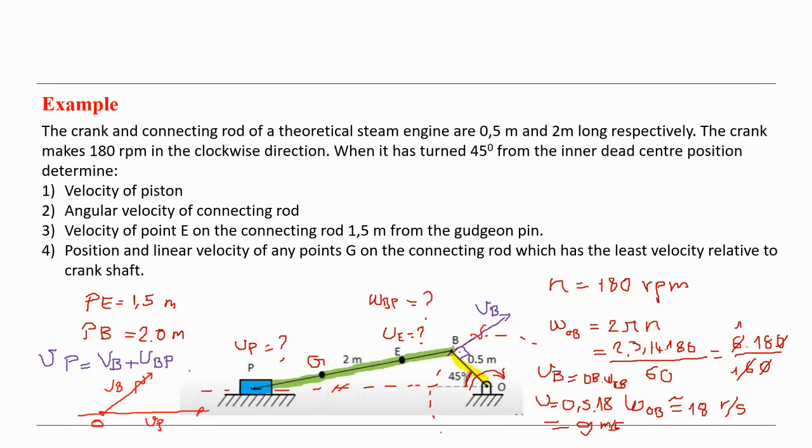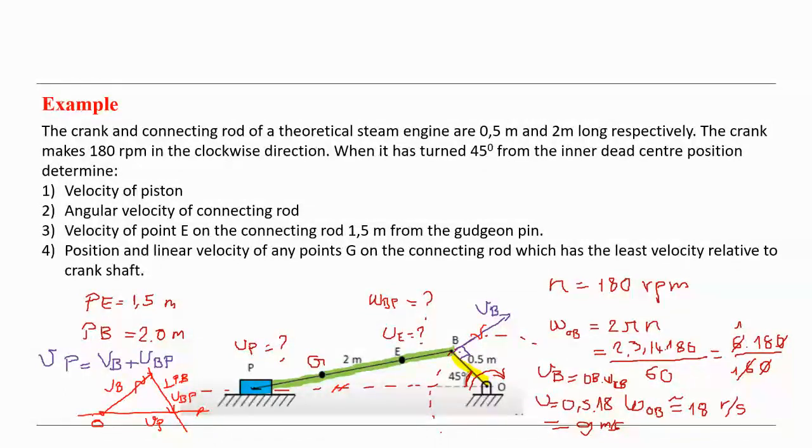So from the end of the vector VB, I draw a perpendicular line. This must be perpendicular to the line PB. So then I have here VB, and here must be BP. This is the value of VBP.